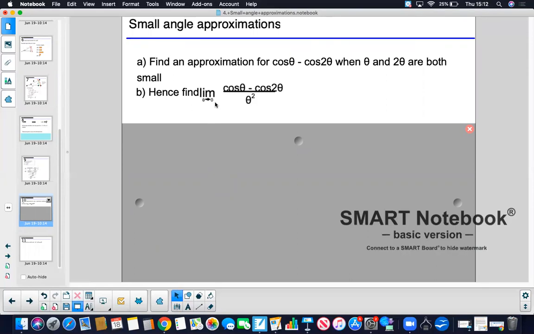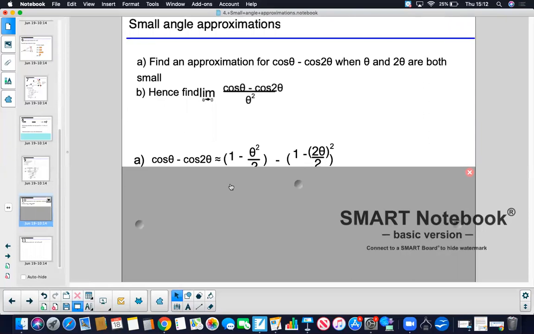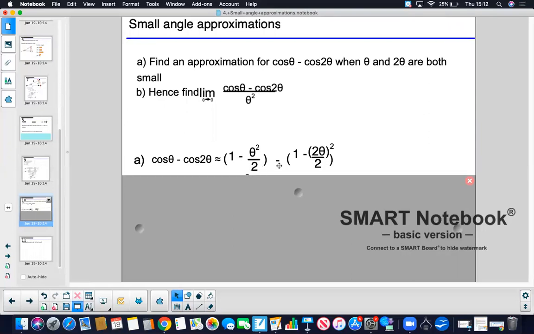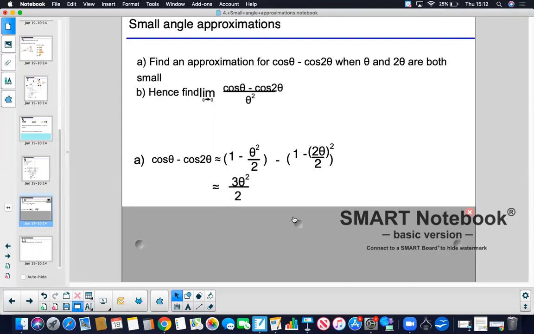Okay, so find an approximation for cos theta minus cos 2 theta. Well, this is 1 minus theta squared over 2, take away 1 minus 2 theta squared. So that's 1 take away 1, which is 0.